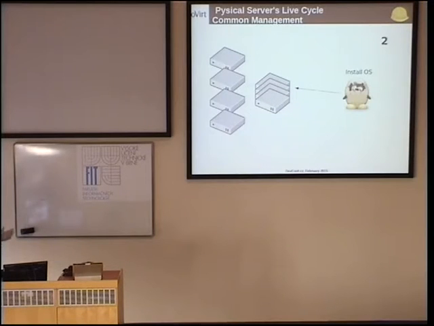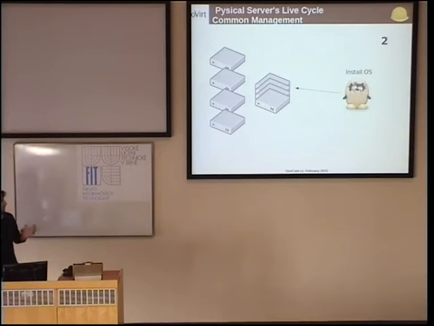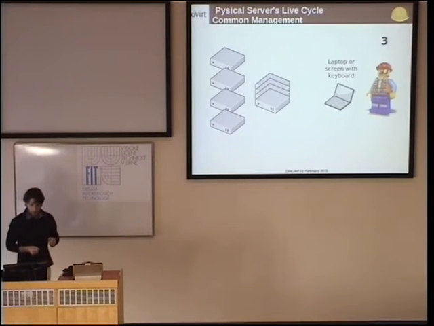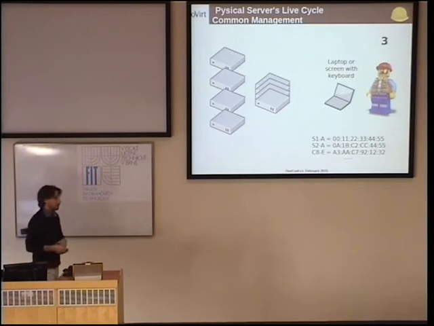After you have it connected, you can install the operating system that you want by PXE boot, or manually, physically with a CD-ROM, or whatever approach that you intend to do. And then you need to have someone that will come with his laptop and start to install the application that you wanted to have. He starts to label each of the servers to the MAC addresses.